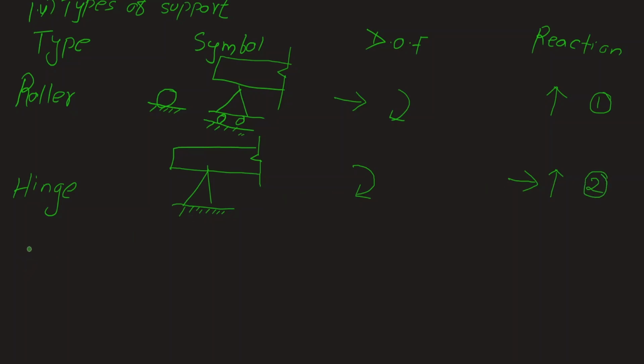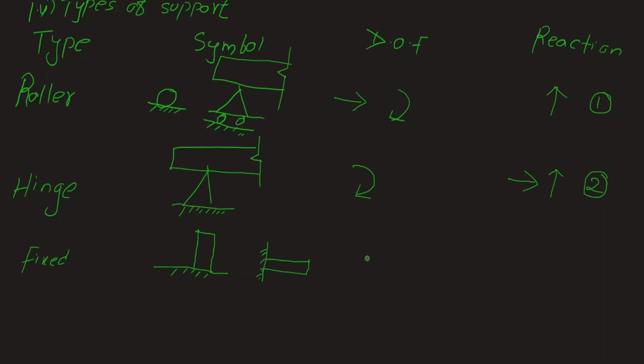And the next support is fixed. It is just represented by a surface and our structure will be drawn on top of the surface. It might be drawn in the vertical direction or in the horizontal direction also. Seeing the symbol we can identify that it does not allow movement in any of the above mentioned directions.